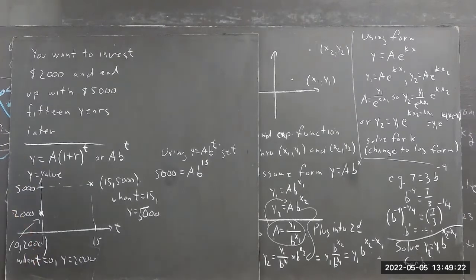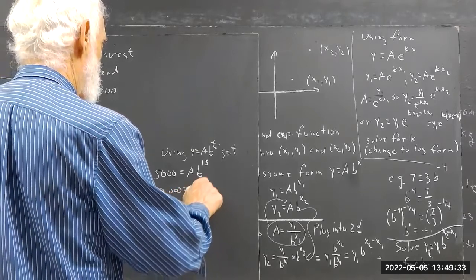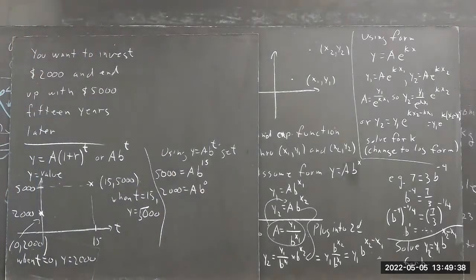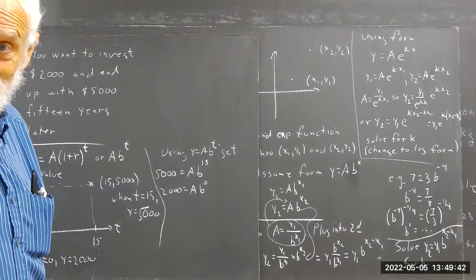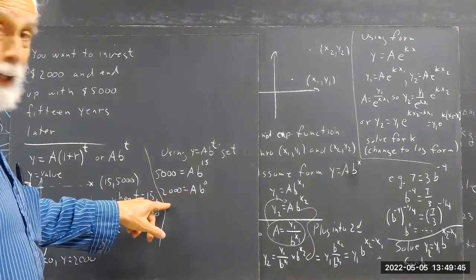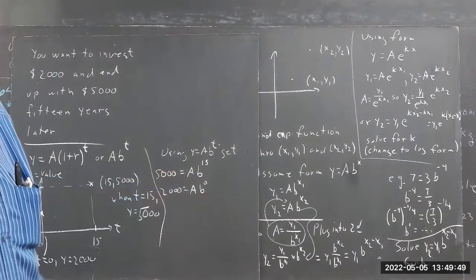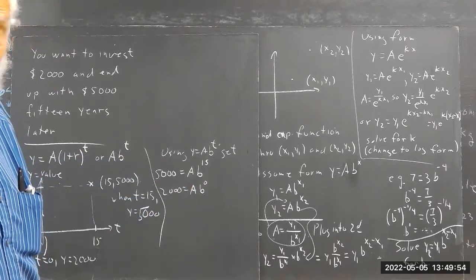So when T is 0, Y is 2,000, right? Okay. Now the shortest way to solve this is to realize b to the 0 is 1. So you already know that a is 2,000. Then all you got to do is solve for b, right? I'm going to pretend I don't know that. I'm going to solve this for a, and then plug in. Okay.